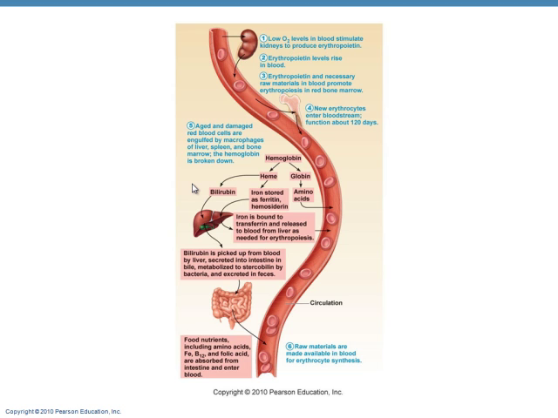And guess what color it is? Yellow. Bilirubin is picked up from the blood by the liver and secreted into the intestines. Not that you've examined your stools lately, but it tends to be what color?